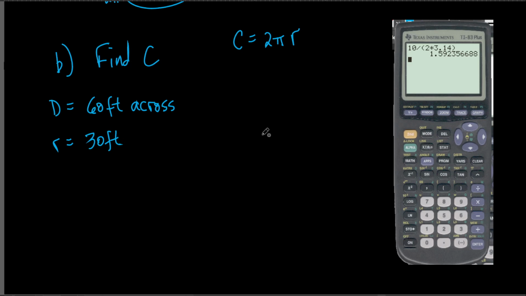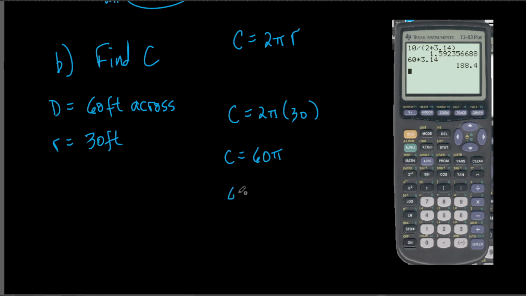Now, it's pretty simple, okay? It says find the circumference. So C equals 2 pi, and we just figured out the radius was 30, right? C equals, let's do a quick math. What's 2 times 30? 60 pi. So I put 60 times 3.14, and I hit enter, and there it is, 188.4.